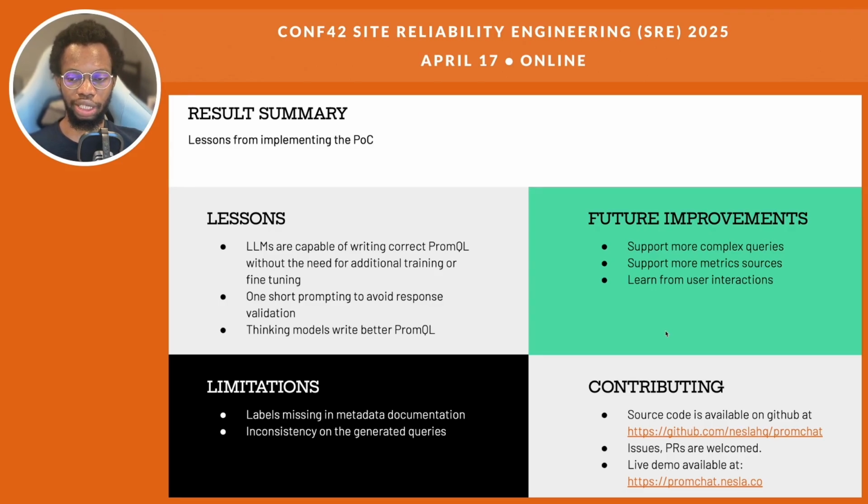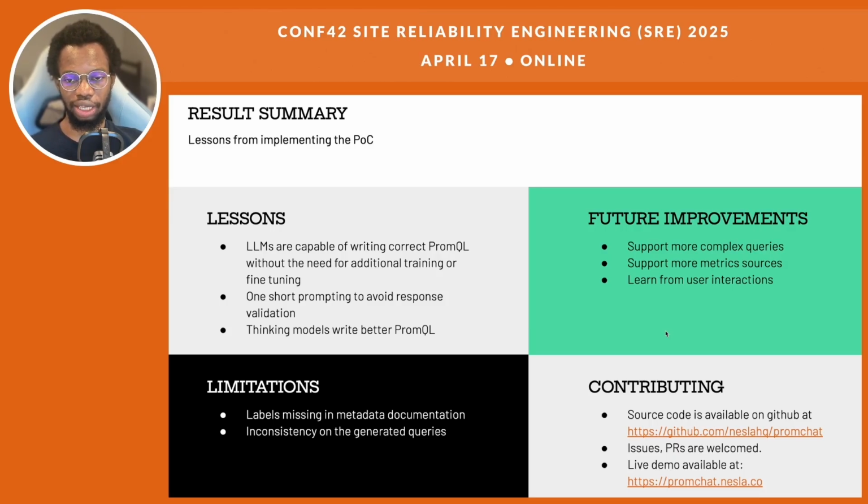But if you don't add any helper information to interpret them, for example, the is-today-holiday metric in the demo service, and the documentation does not say that 1 means today is a holiday and 0 means today is not a holiday, then there would not have been any way for the LLM to correctly interpret the Prometheus response it got. The other challenging bit is that, even in cases where you have the documentation or helper text included, most of the time the labels are missing.